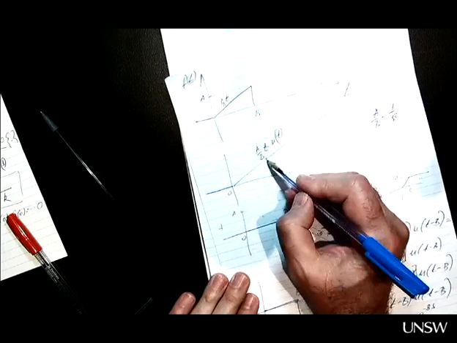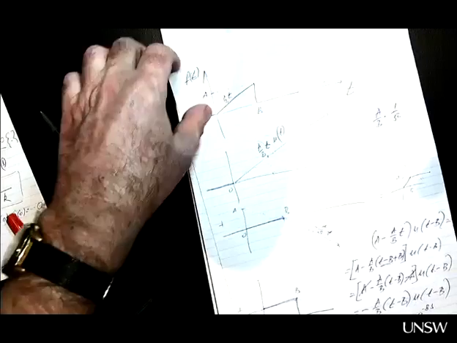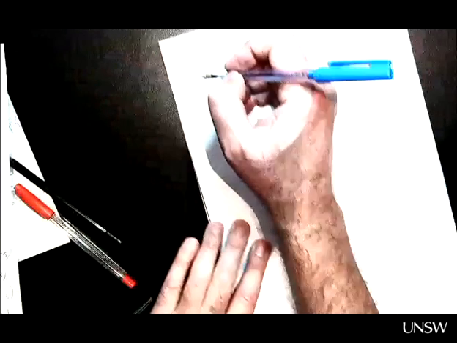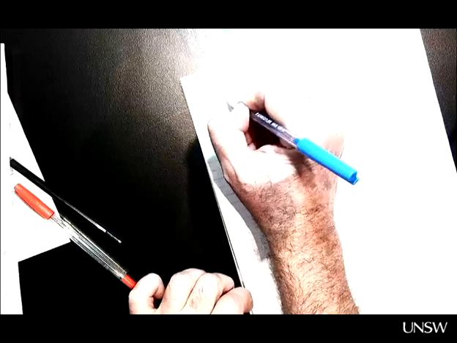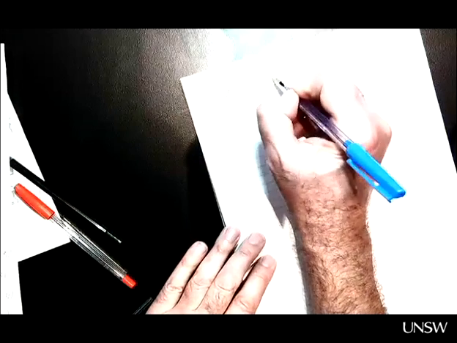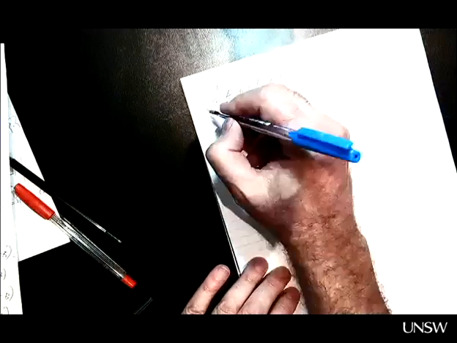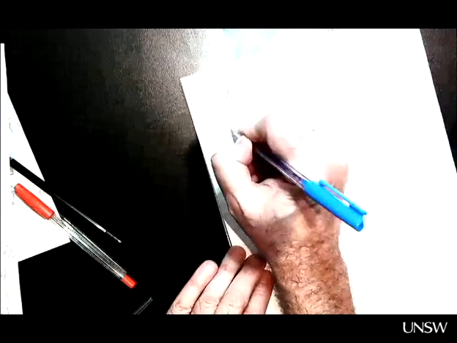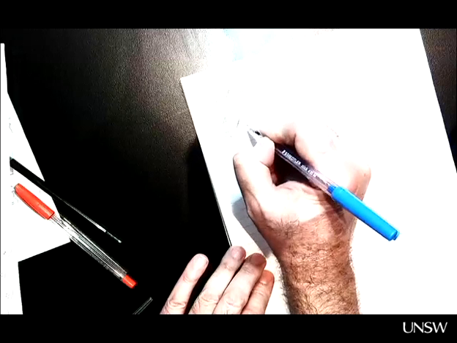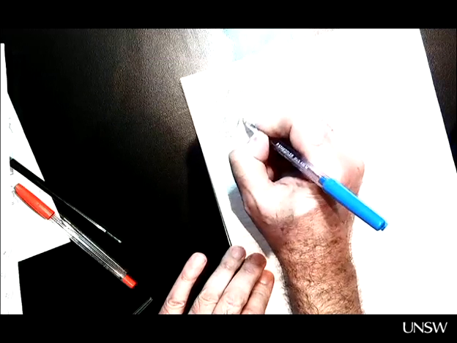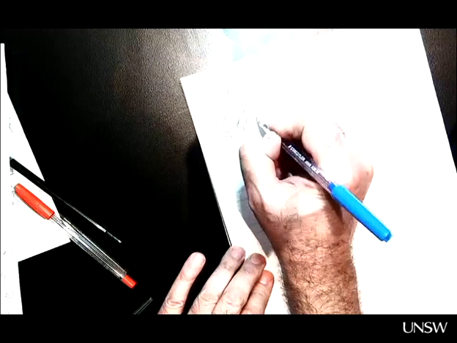So if you have a over b times t, times brackets u of t minus u of t minus b.